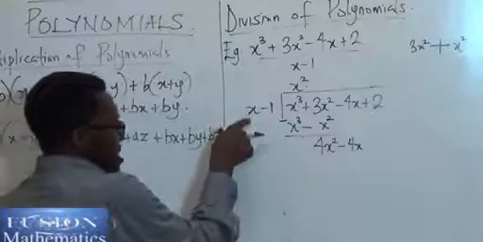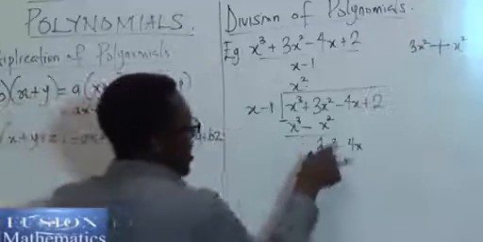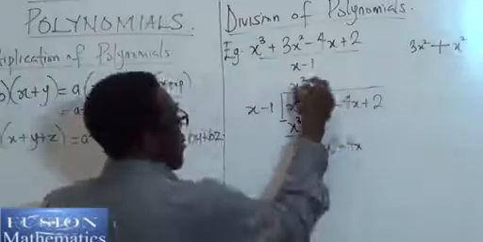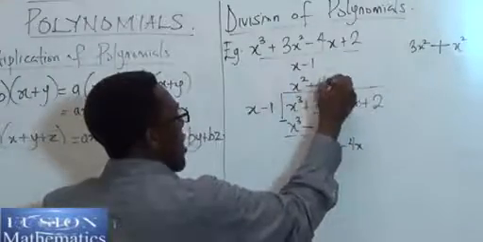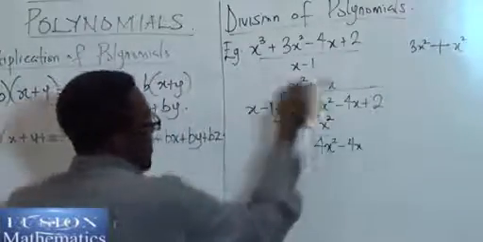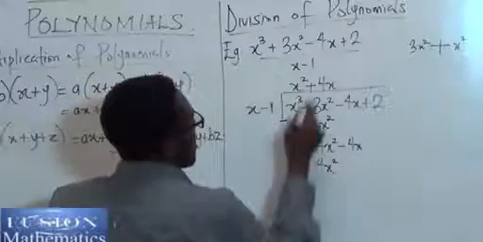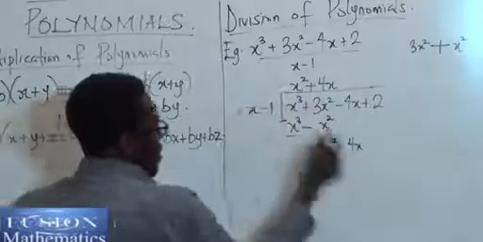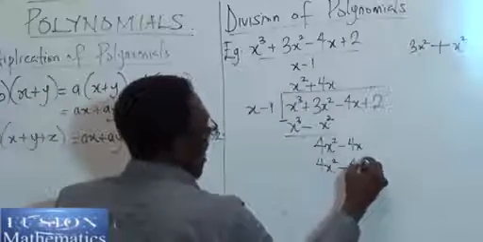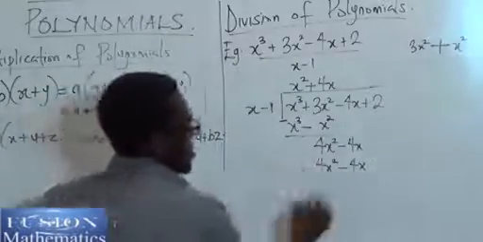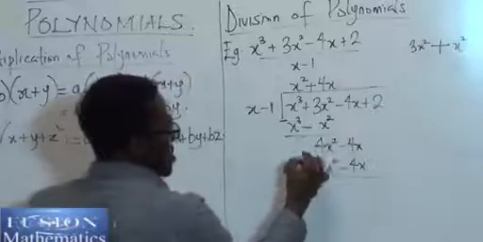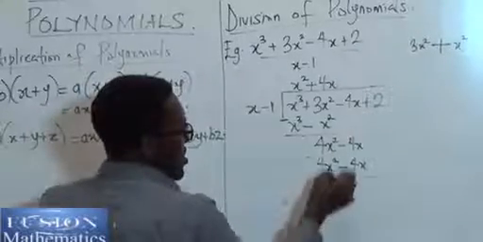Then we use the same x again. X divided into 4x squared, cancelling one of the x, will give us plus 4x. Then we multiply. 4x multiplied by x will give us 4x squared. 4x multiplied by minus 1 will give us minus 4x. So when we subtract, this will give us 0.